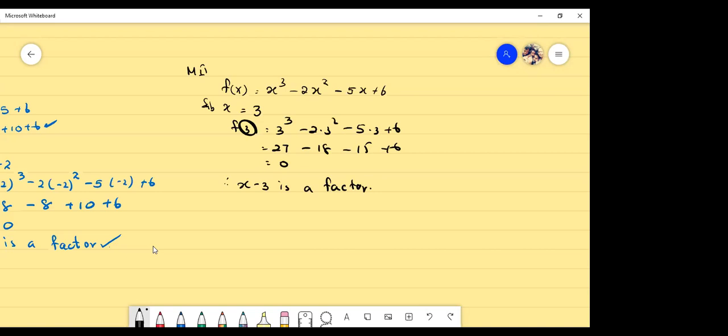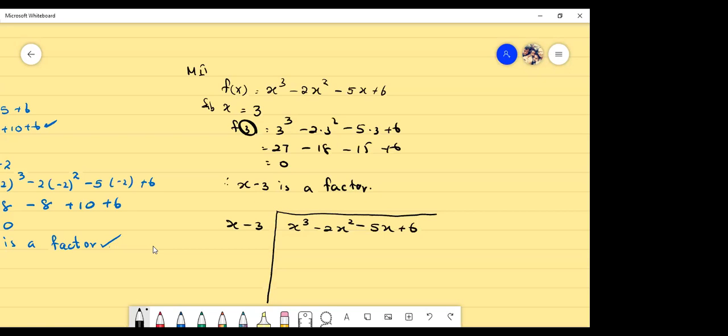Next, now we are using long division. That function divided by that factor: x cubed minus 2x squared minus 5x plus 6 divided by x minus 3.